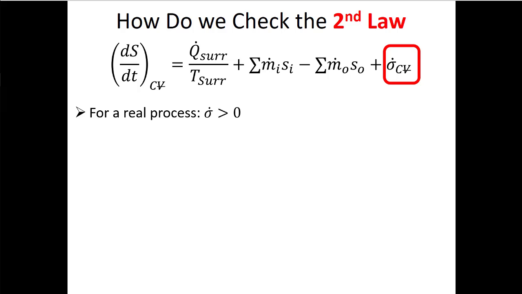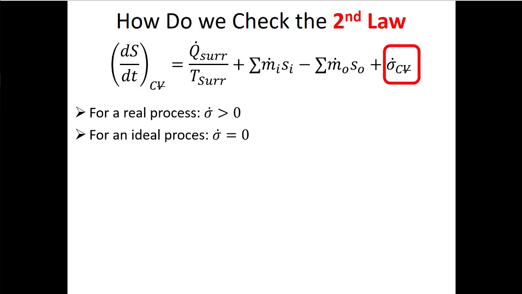So we know that for real processes, something that can actually happen in the universe, entropy generation will be positive. That means the rate of entropy generation is also positive. Now, we could maybe imagine a system where the very best we could do, the limit of what we could approach, is if we got that entropy generation term down to zero.